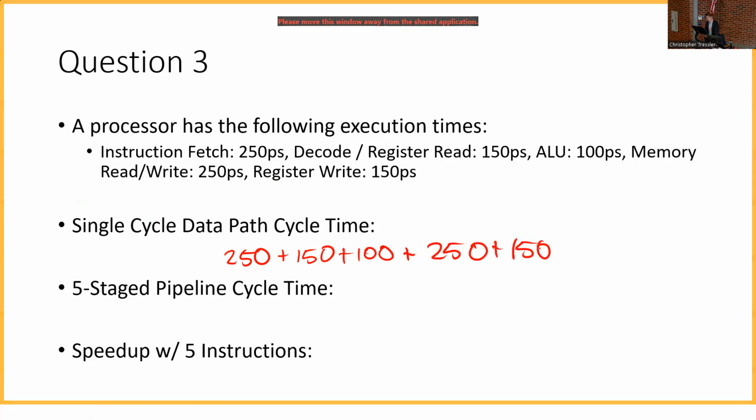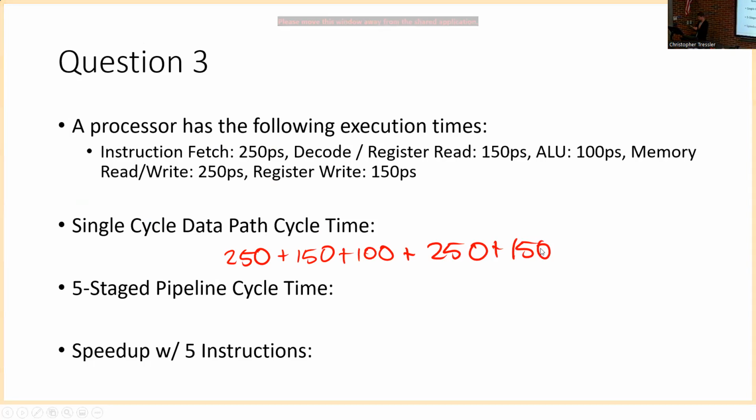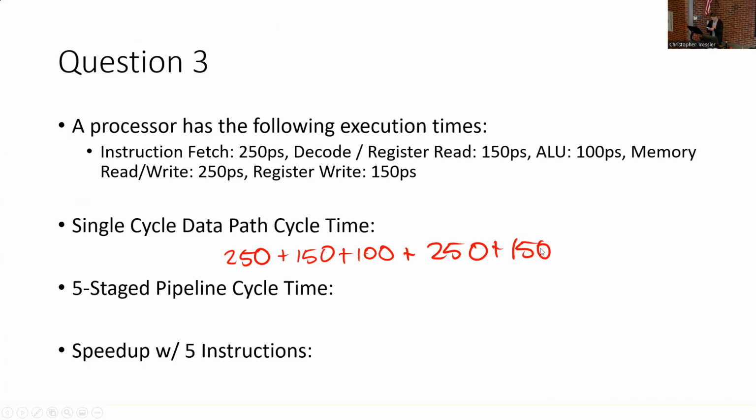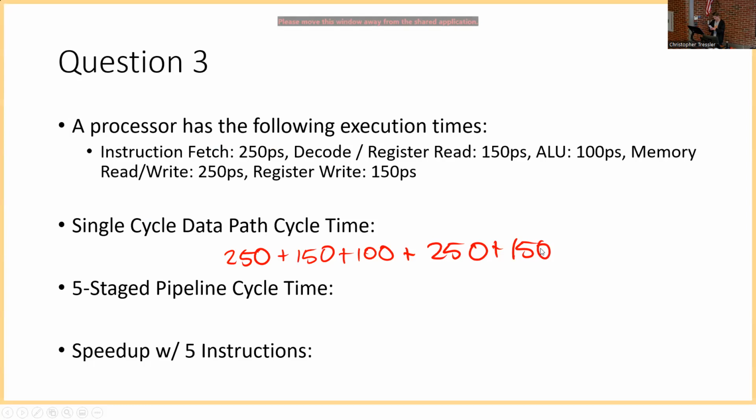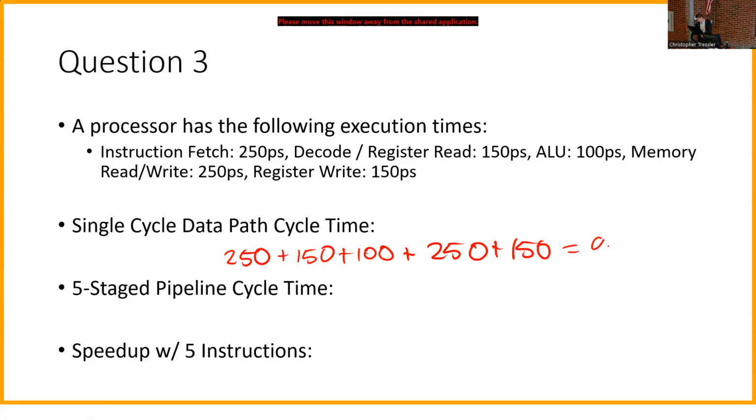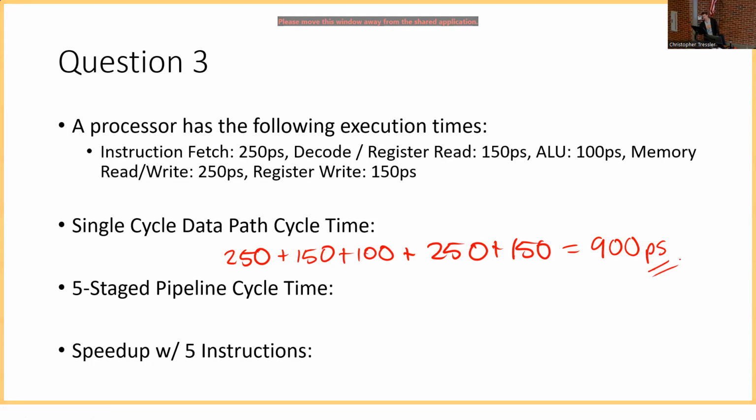If I take a calculator and calculate this real quick, 250 plus 150 plus 100 plus 250 plus 150, we get 900 picoseconds. This is for our single cycle data path cycle time. It's as simple as adding up the numbers.